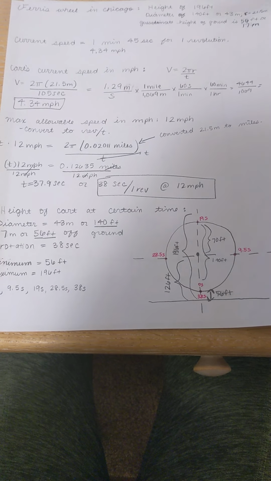So at 9.5 seconds, it is the radius plus the 56, so 126 feet. As it goes to 19, it's the total height, 196. Down to 28.5 seconds, we're back to the 126, and then back at 38 seconds, we're back down to the 56. So that is translated into a cosine graph here.